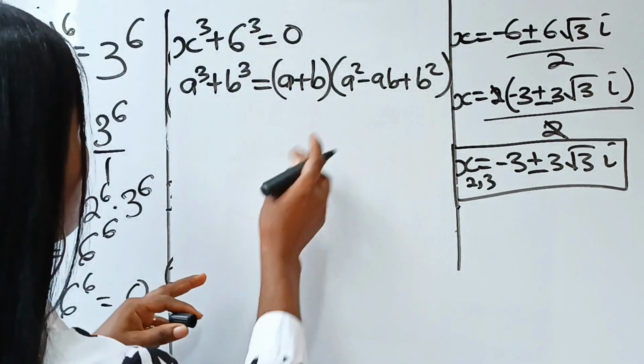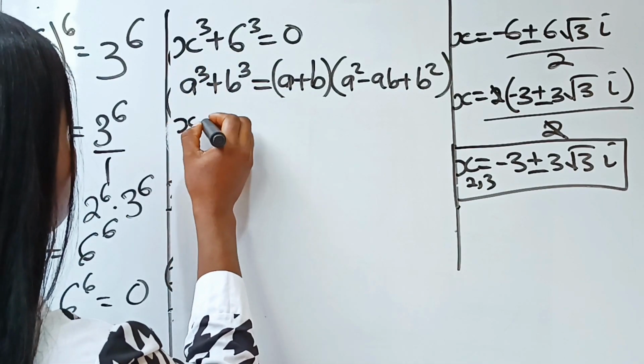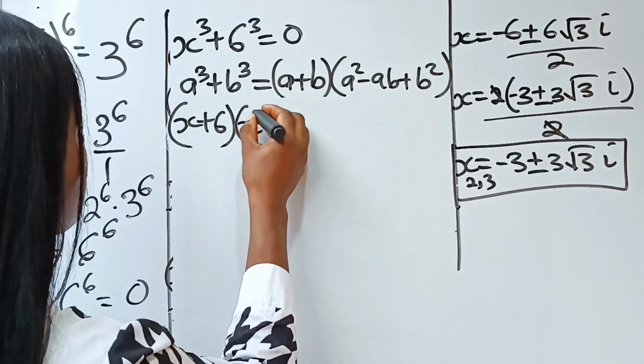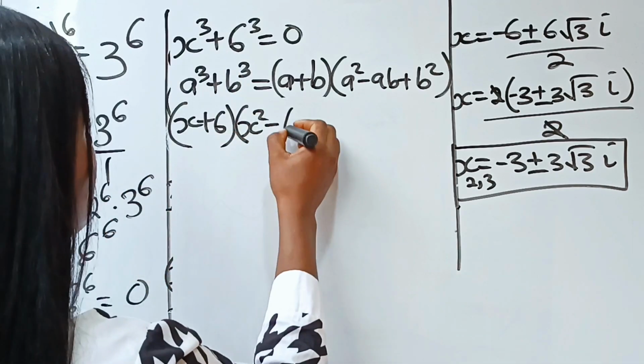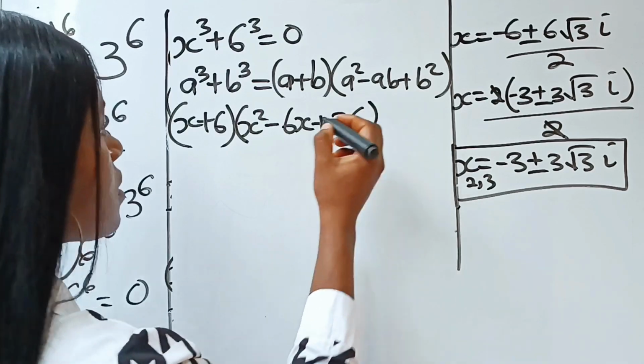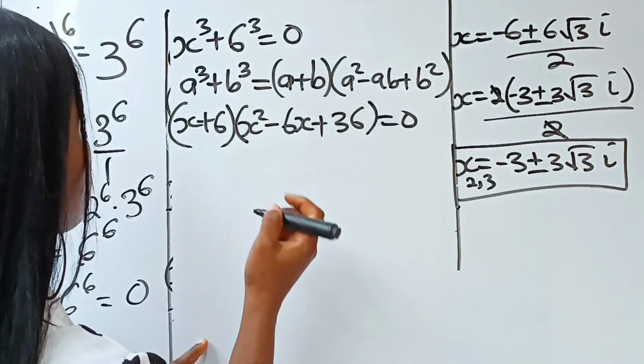Okay. Now, let's solve. That means this is the same thing as x plus 6, multiplied by x squared minus ab, that is 6 times x, plus b squared, 6 squared, which is 36. Now this is equal to 0.